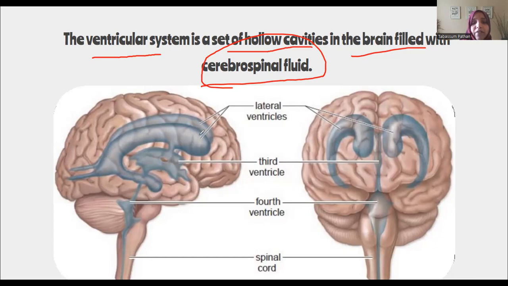When you look from the side, the cavities look like this: the lateral ventricles, the third ventricle, the fourth ventricle, and in the spinal cord also you see the cavity which flows down. From behind, it looks somewhat like this. This blue portion is filled with cerebrospinal fluid.